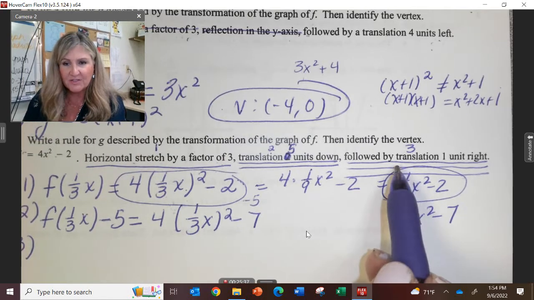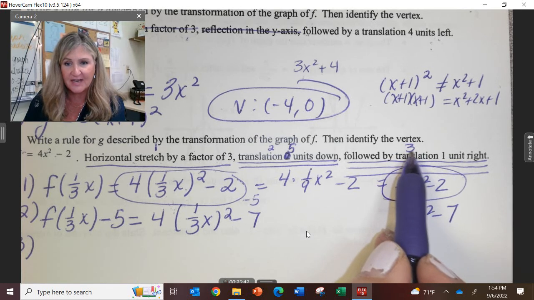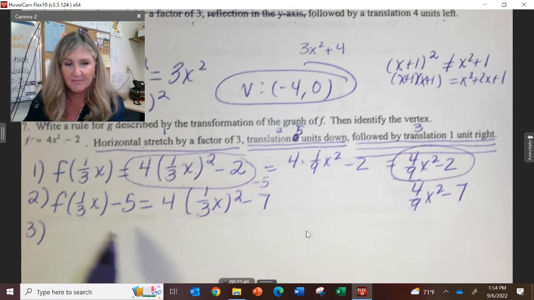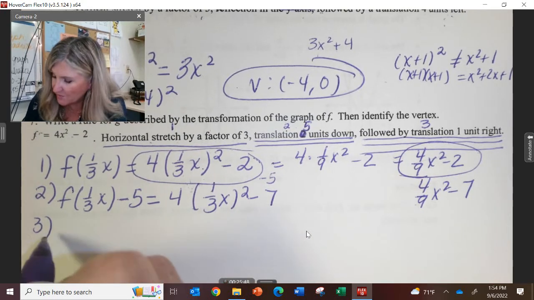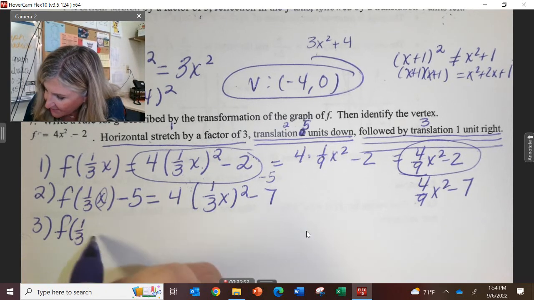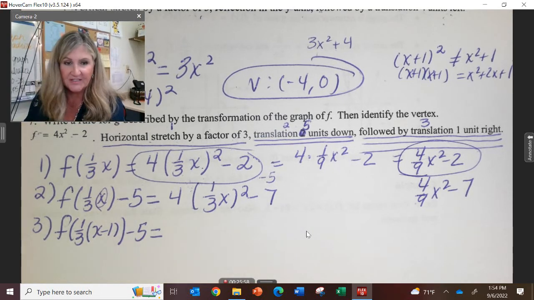The last thing I have to do is a translation 1 unit right. That's the third step. That's why I have the 3. First step, second step, third step. If I want to go 1 unit right, that means this doesn't change, but wherever I have an x, I have to replace that x with x minus 1. This gets tricky.